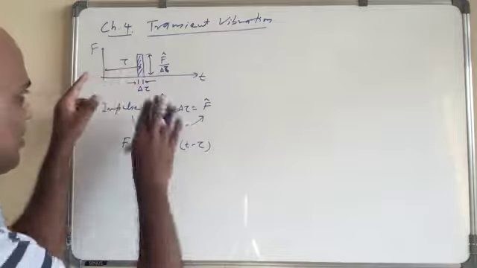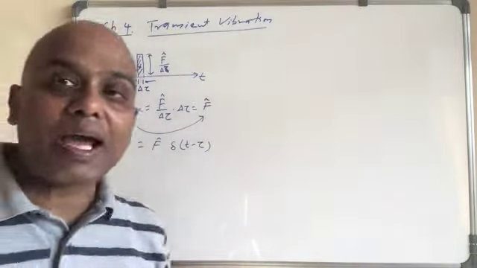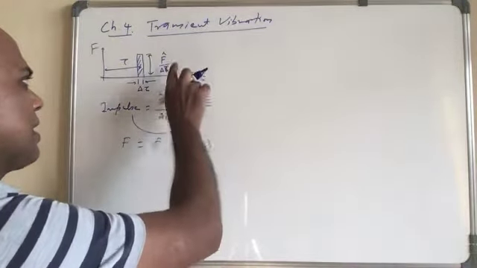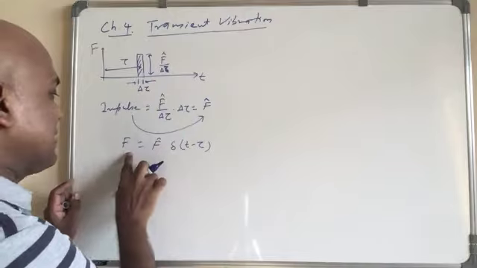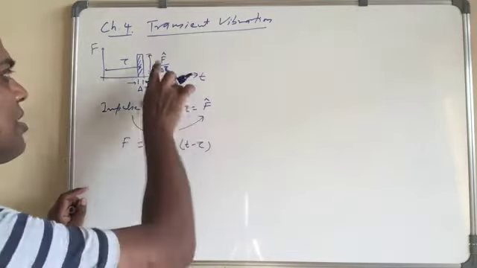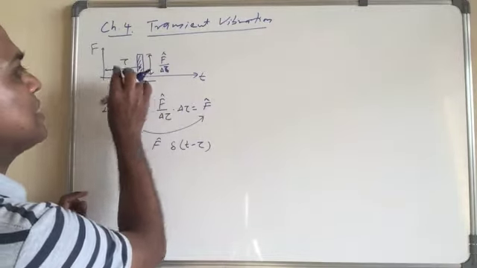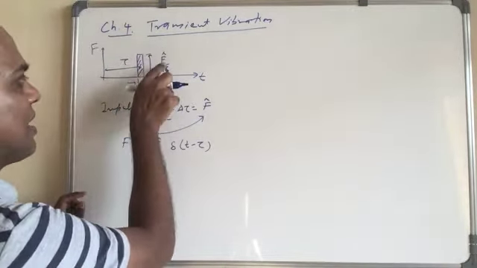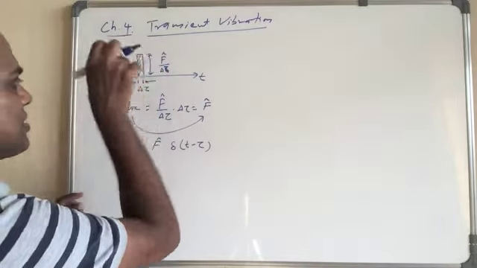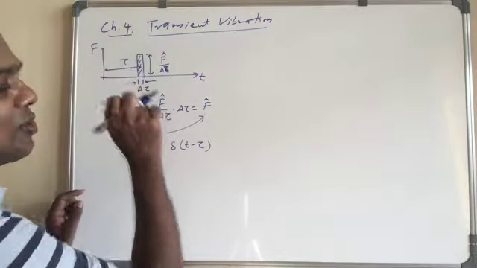So given this impulse of the force, a small force applied for a very small amount of time, we represent it mathematically as F equal to F hat delta of T minus tau, and this is how the force is distributed over time. F hat divided by del tau is the magnitude of the force, and it lasts for del tau time.